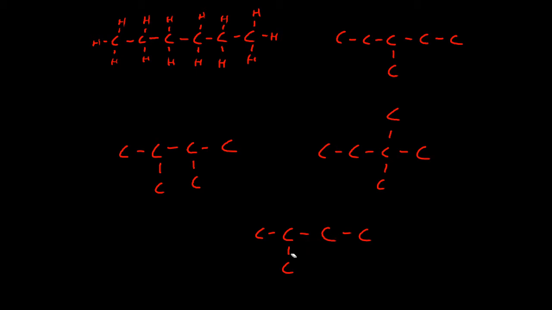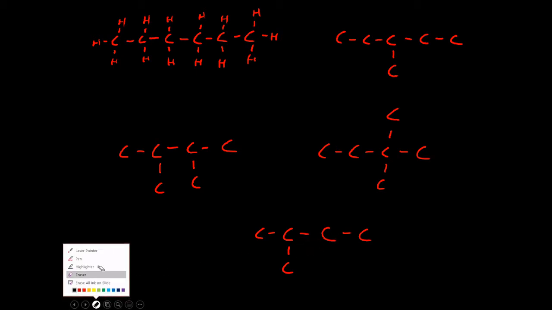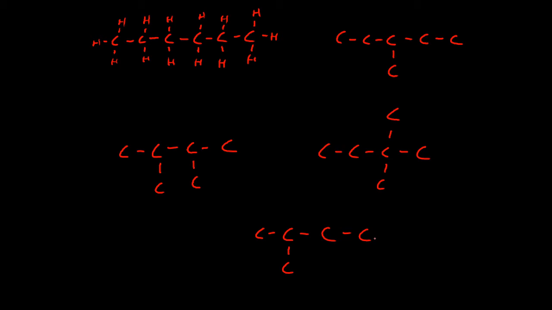Yeah, okay. So that is different. Here we had 6 carbons in a line. Here we have 5 carbons in a line with a carbon attached to the middle carbon. Here we have 5 carbons in a line with a carbon attached to the second carbon in.